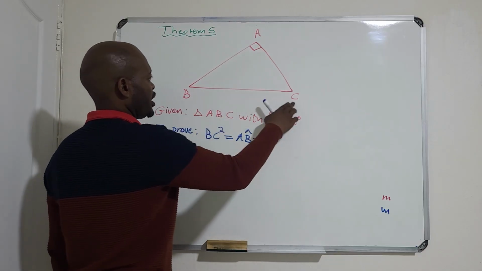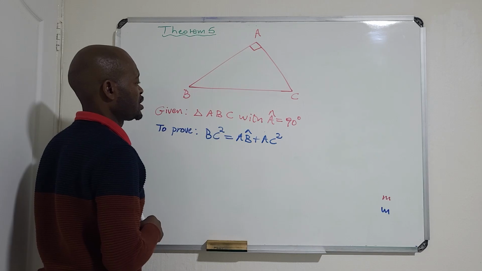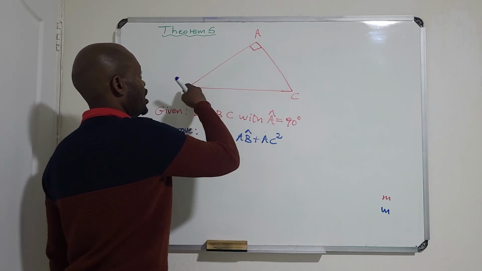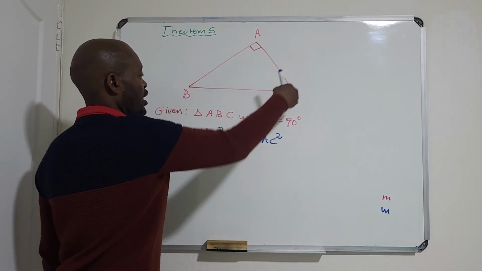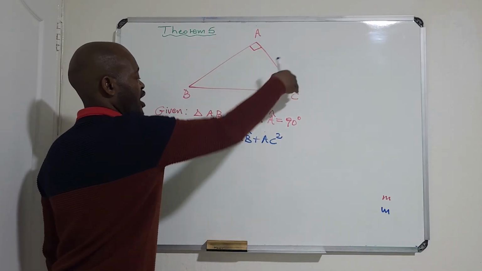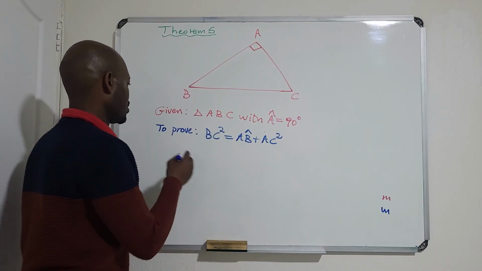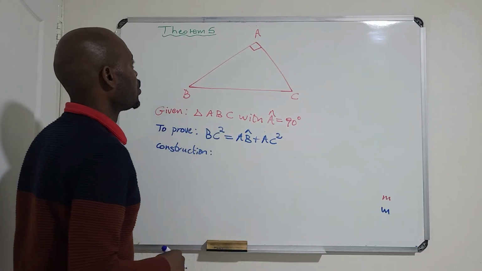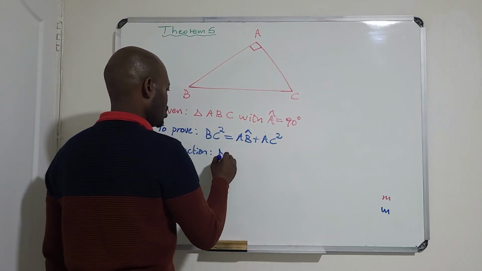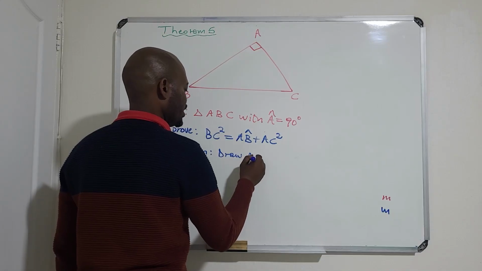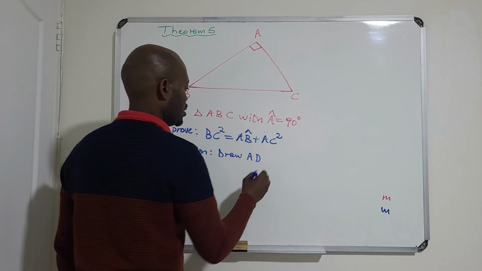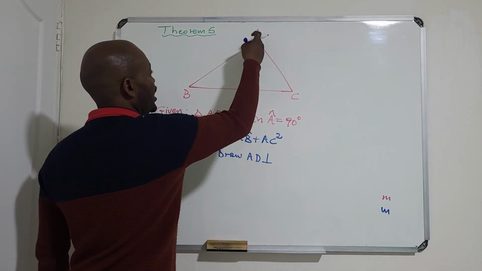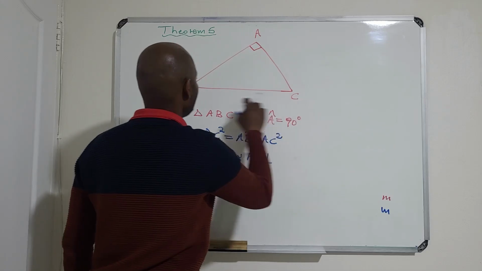We are given triangle ABC, which is a right angle triangle. We are to prove that the square of the hypotenuse is equal to the sum of the squares of the other two sides. Now, construction. We draw AD perpendicular to BC.